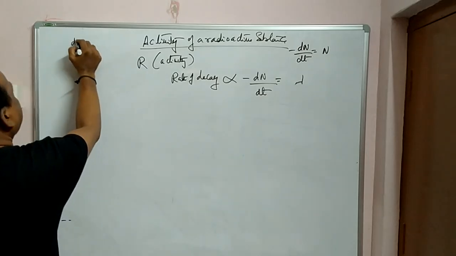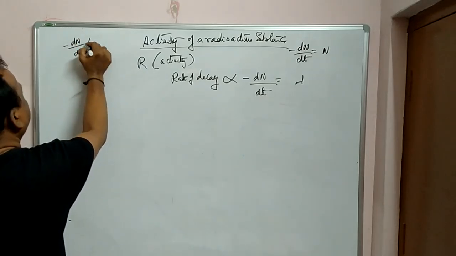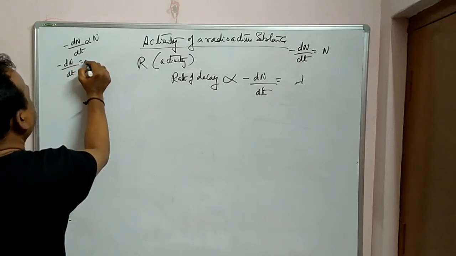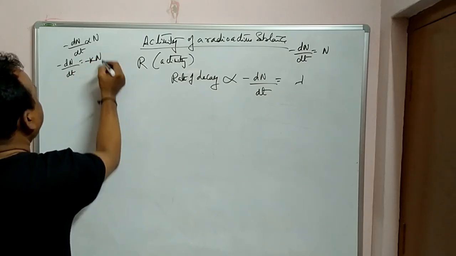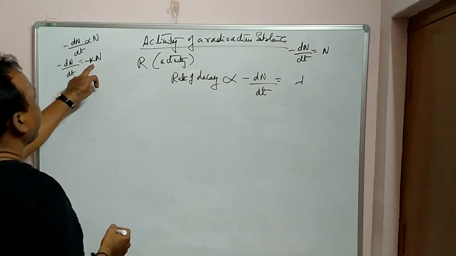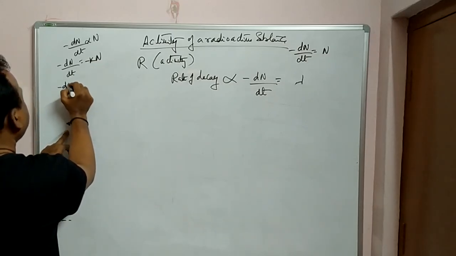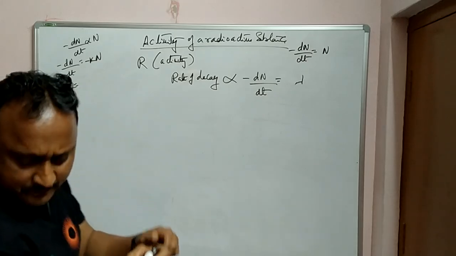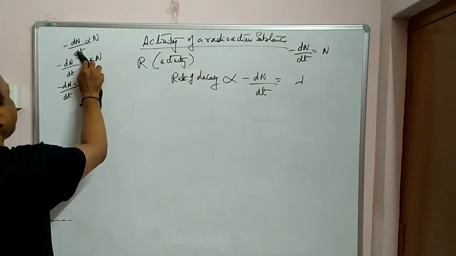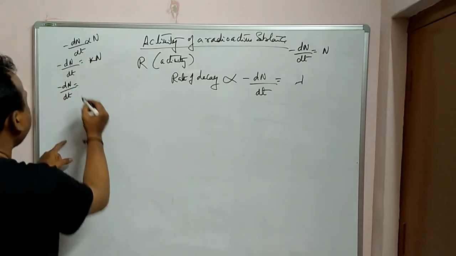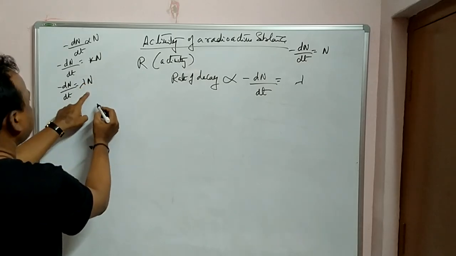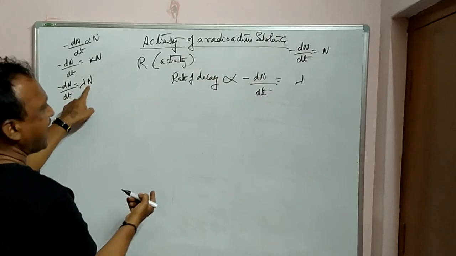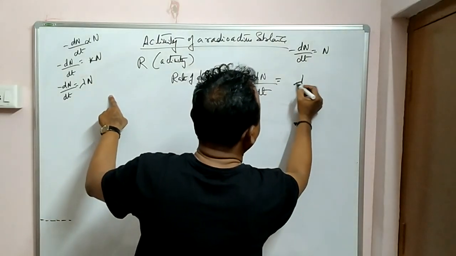Forgot? See, dN by dt is proportional to N, or minus dN by dt is equal to k into N. Here k is lambda. So minus dN by dt is lambda into N. This one you can write as lambda into N.